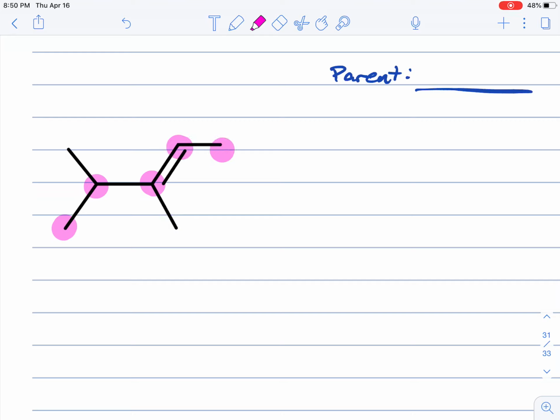So it looks like I have a 5-carbon longest chain that contains the double bond. Your parent must have the double bond or triple bond, and we'll see that in the next lecture video.